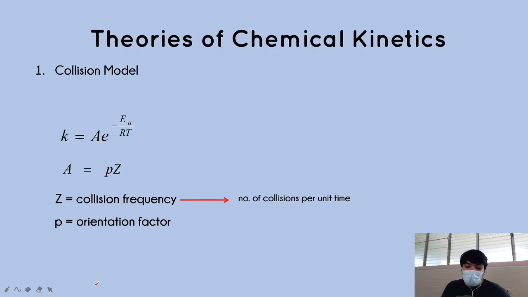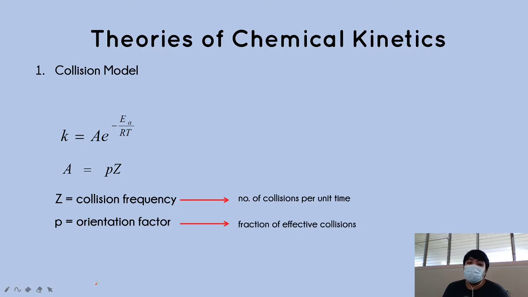Next is our orientation factor. We have already discussed that the reactants should not simply collide with each other, but should collide effectively with the proper orientation, and that is accounted for by the orientation factor.